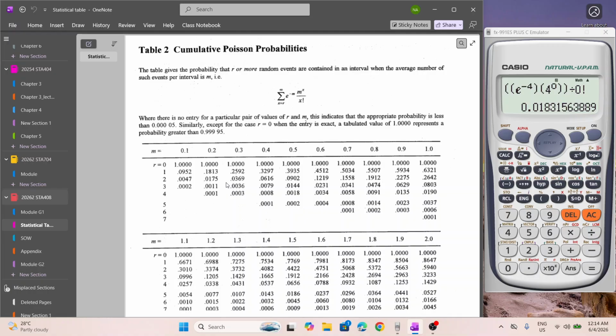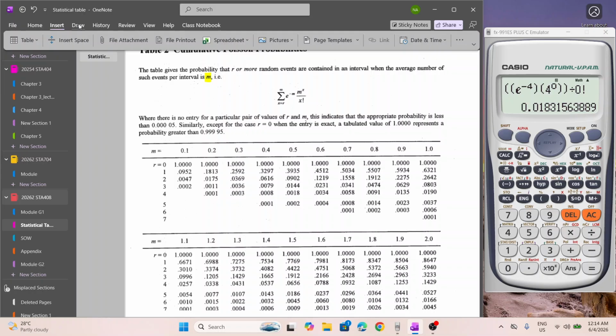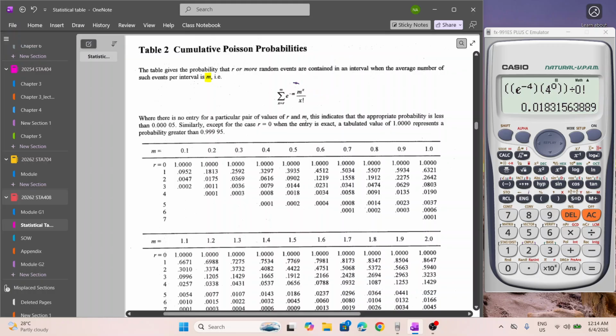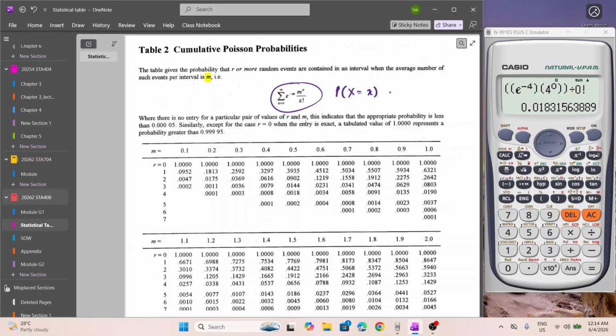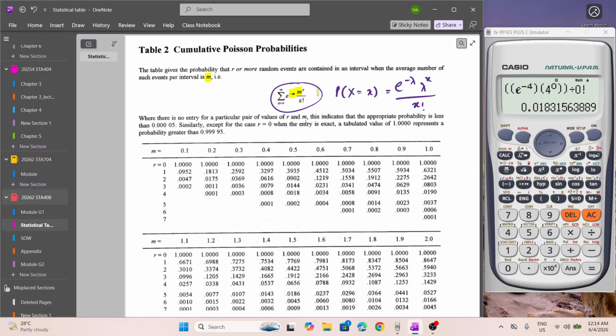In our case, m here is actually the lambda value. Please remember that in the statistical table, m is used instead of lambda. If you compare this formula with our module, the probability of x equals e to the power of negative lambda, lambda to the power of x over x factorial. See the similarity of the two.